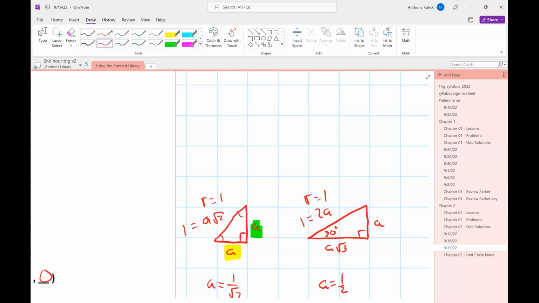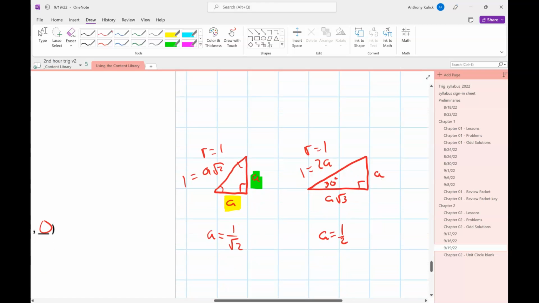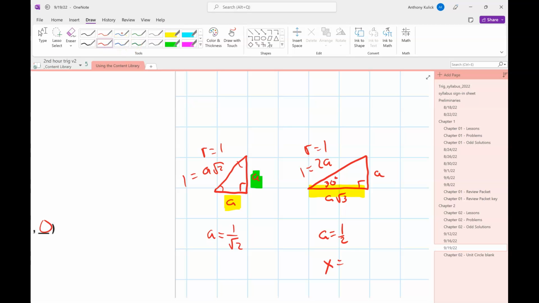Everybody agree with that? So if I look at this, my x is this side. So 1/2 times root 3 is root 3 over 2. And my y is this side. So that's going to just be 1/2.